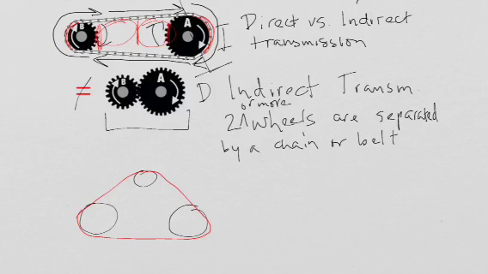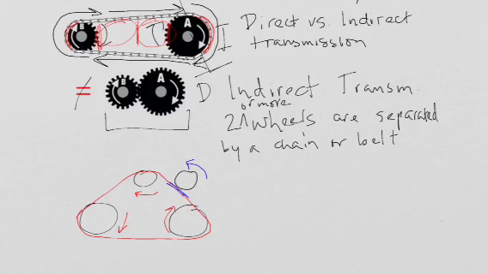If we look at the arrows, everything on the inside or the underside of that chain is moving in a clockwise fashion. But then they throw in another little wheel on the outside here, and that wheel ends up moving counterclockwise because it's on the other side of the chain or the belt.